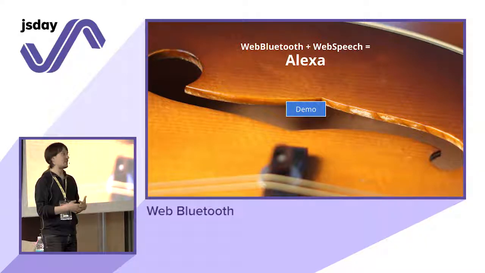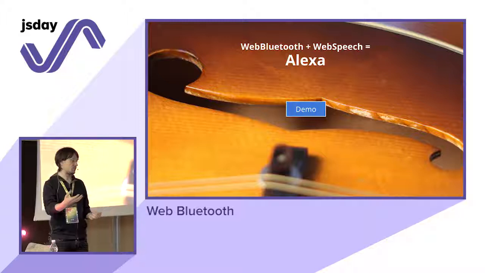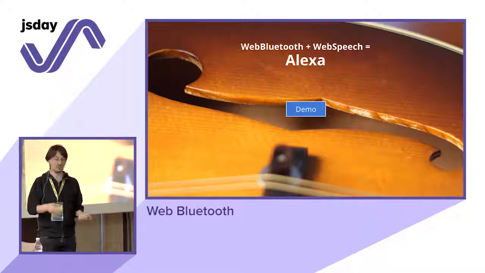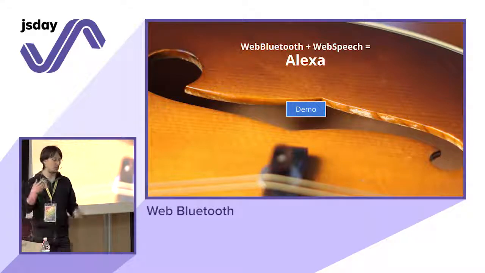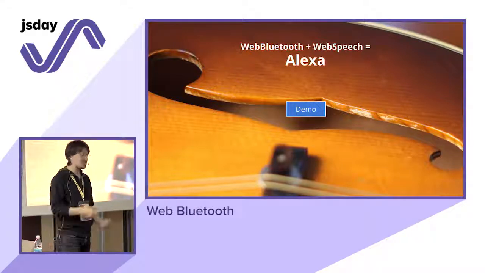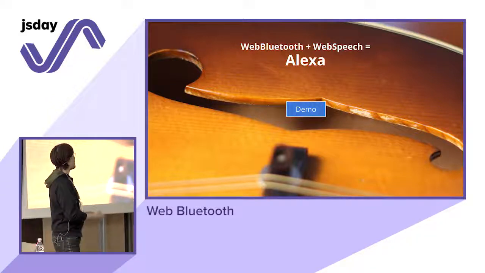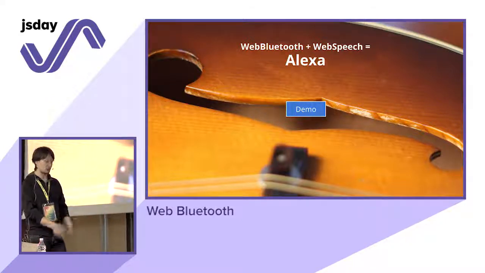They basically rely on a remote server to take the audio input and translate it into words. These are only supported in Chrome right now, which is not ideal, but they work really well.